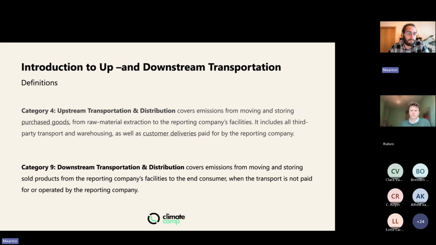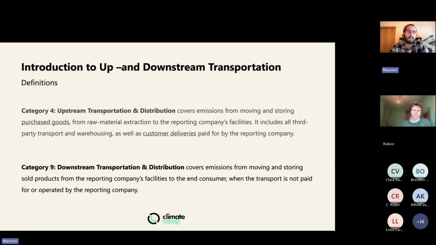Now, up and downstream transportation and distribution. When we look at the definitions, there is something very important to notify here. Category 4, upstream transportation and distribution, covers all the emissions from moving purchased goods from your Tier 1 suppliers, Tier 2 to Tier 1, towards the reporting organization. It includes all third-party transport and warehousing of purchased goods, but, and this is very important, it also includes customer deliveries paid for by the reporting company.